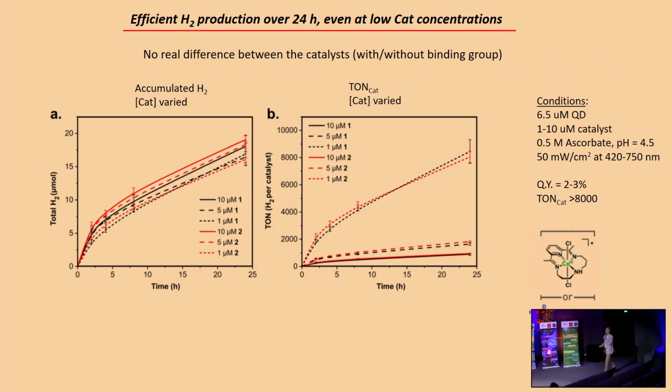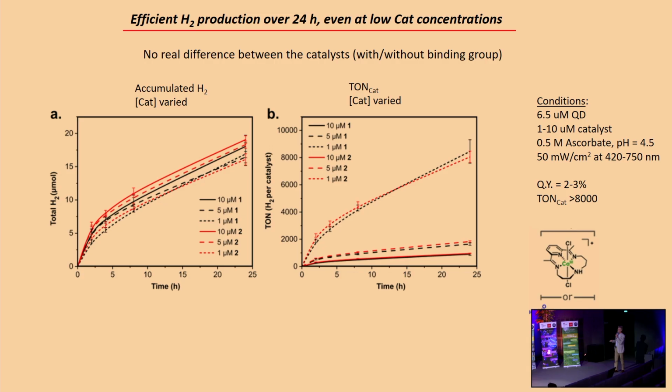When we did the photocatalytic experiments here, we could see that we got quite decent hydrogen generation, and over 8,000 turnovers per catalyst. So they were quite robust. This is 24 hours of irradiation.